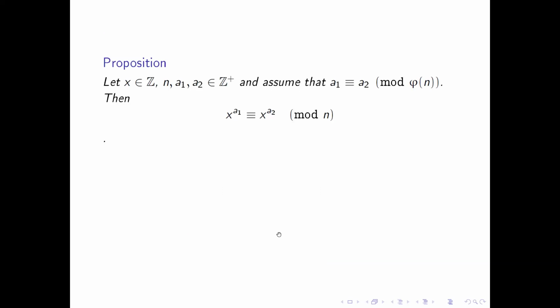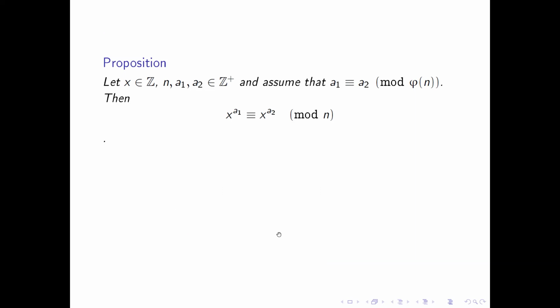Let me give you another proposition that we're now going to use. Suppose that x is any integer, and n, a1, and a2 are any non-negative integers, in other words, they could be anything from 1 on.